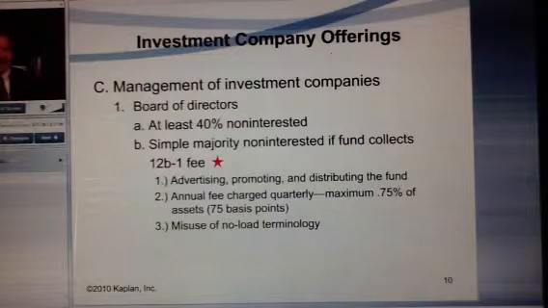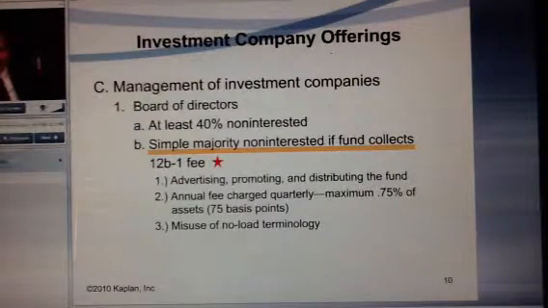If that client is being charged 12B1 fees, they get greater public representation on the board. So now, instead of a minimum 40%, it's a minimum simple majority. So that means at least 51% of the board needs to be non-interested.